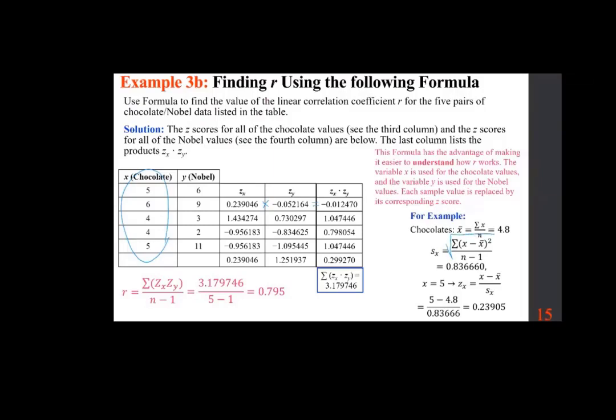Everybody remembers how we calculate the z-score. The z is what? X minus mu over sigma, or x minus x bar over s. So that's how you calculate it.